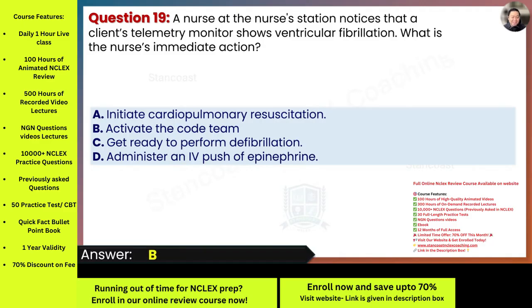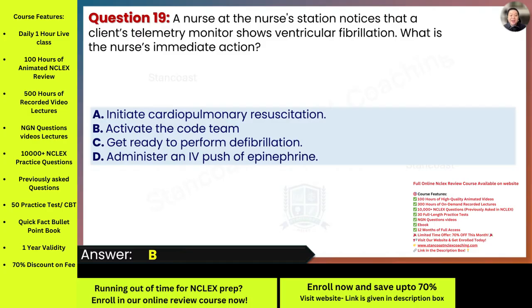Why is that? Now, again, as I've emphasized already, when the telemetry monitor shows VFib, the first thing that comes to mind is that this is a life-threatening arrhythmia, and the heart is not pumping blood effectively, which means immediate intervention is very critical. Now, in this case, the nurse is stationed remotely at the nurse's station.